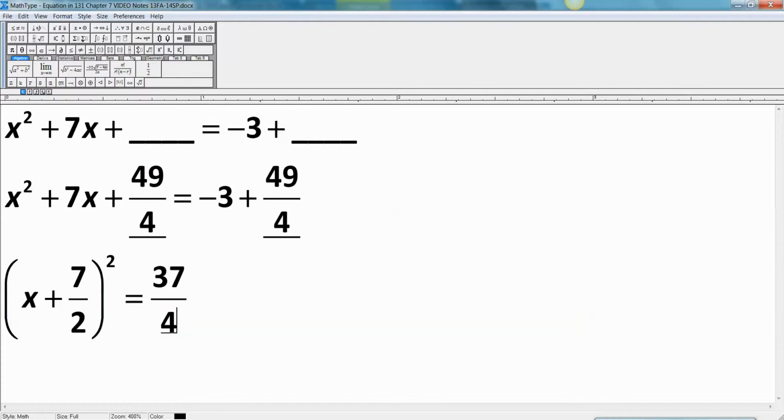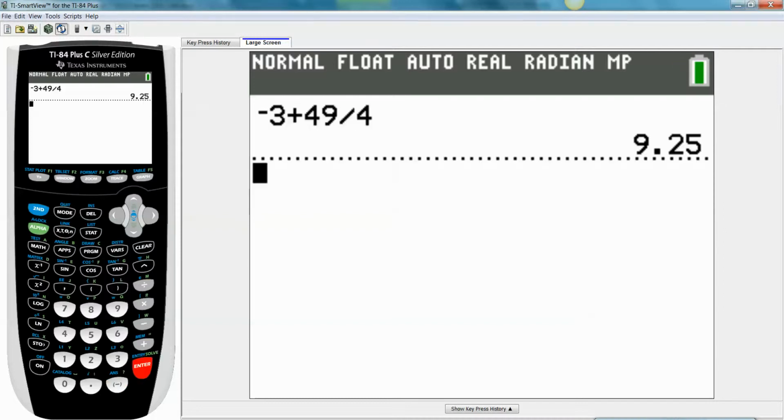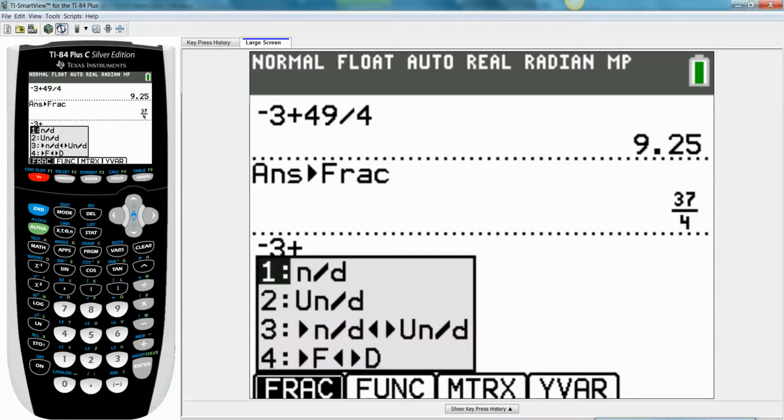Which is, let's see, 37 over 4. Now, if you're not sure about that or you want to do it again, negative 3 plus 49 divided by 4, you could always hit the math 1 button. And there it is, 37 over 4. Or you could do negative 3 plus, and then hit the alpha F1 key and pick number 1.